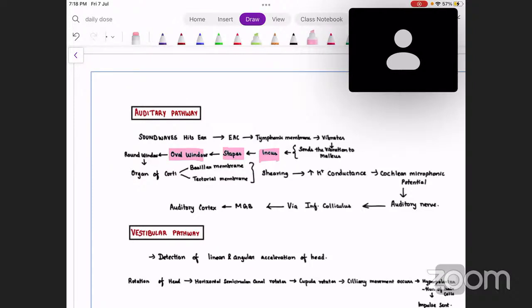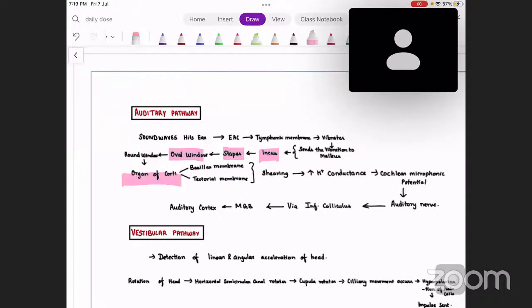Malleus pushes the incus, incus pushes the stapes, which pushes the oval window to round window to organ of Corti, which is located in the inner ear.